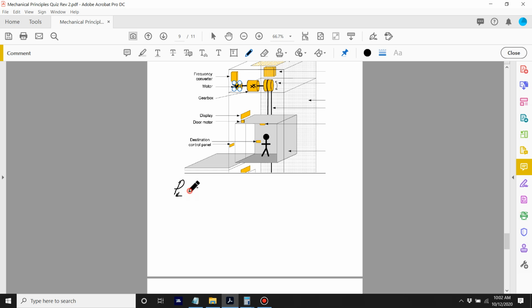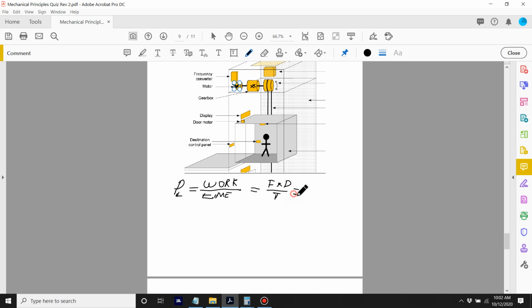And power is equal to work divided by time. Time is very important. Now, that is equal to force multiplied by distance divided by time.